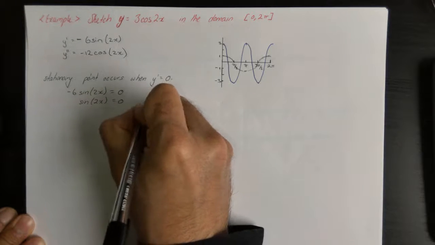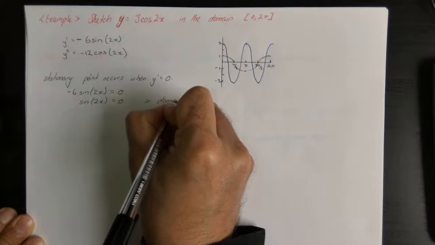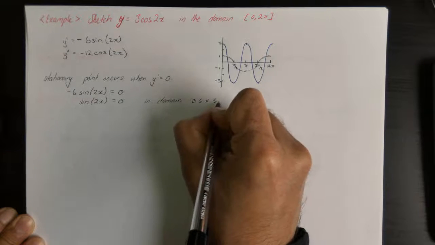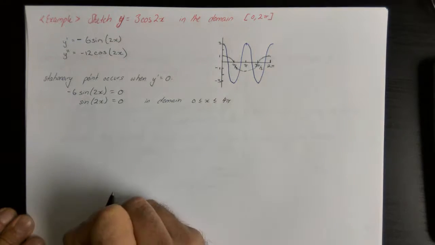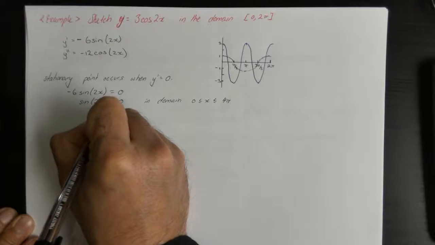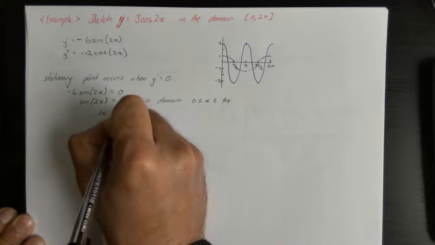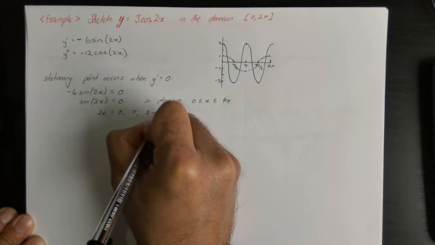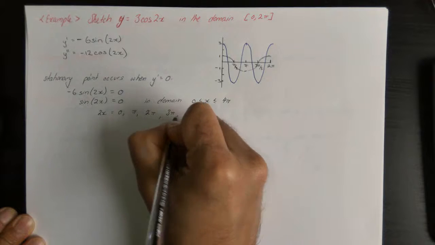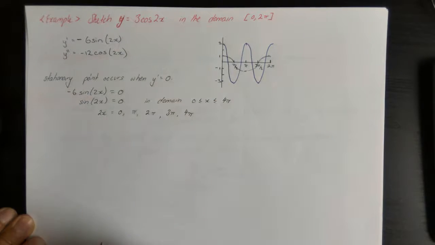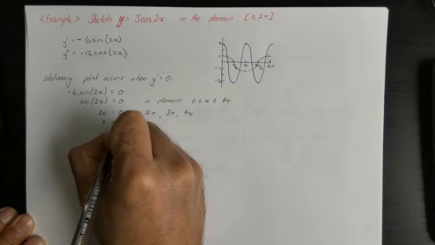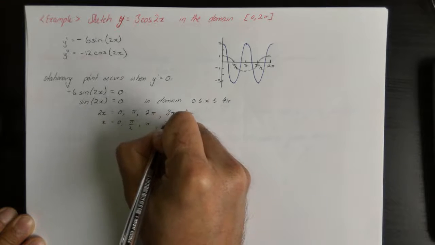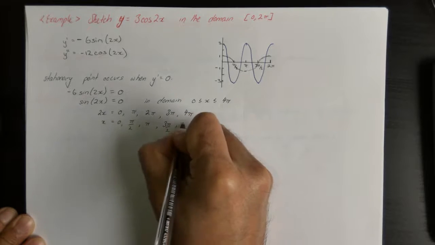Now in the domain of 0 to 4 pi for 2x, sine equals 0 at 0, pi, 2 pi, 3 pi, and 4 pi. So x would be 0, pi on 2, pi, 3 pi on 2, and 2 pi.